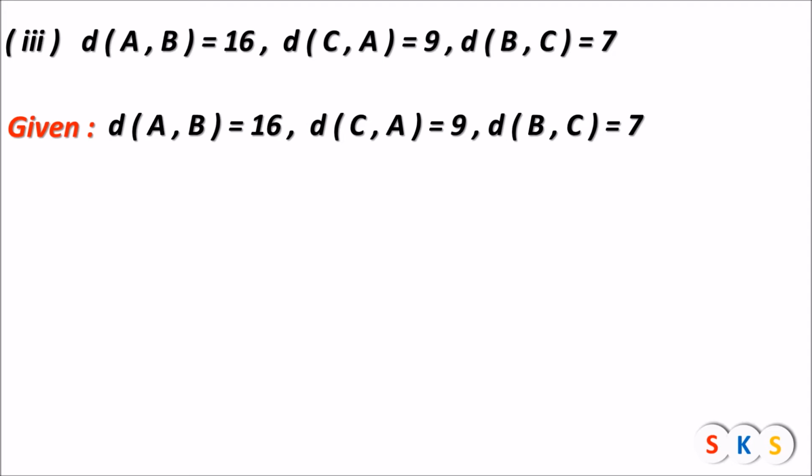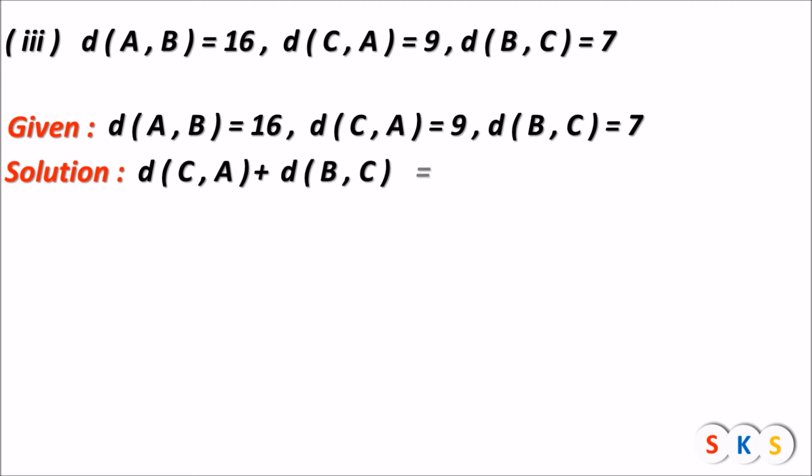So what we will do here, we will add the two smaller distances. That means 9 and 7. It means we'll find the sum of distance CA and distance BC. So distance CA plus distance BC equals 9 plus 7.